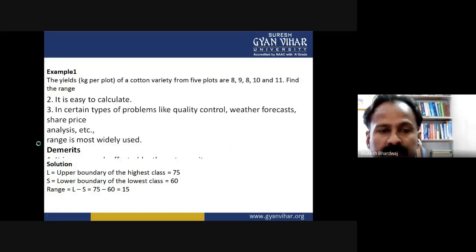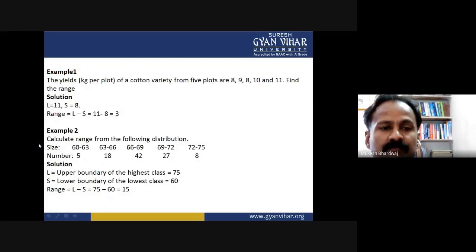Now, in example 2, the data is given in a class frequency distribution, with the class 60 to 63 having 5 as the frequency, then 62 to 66 and so on.